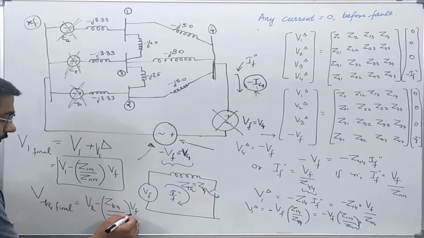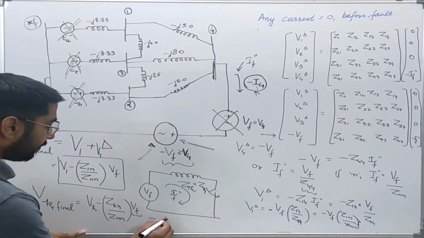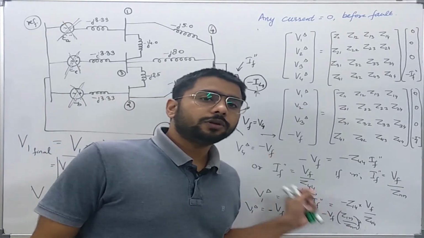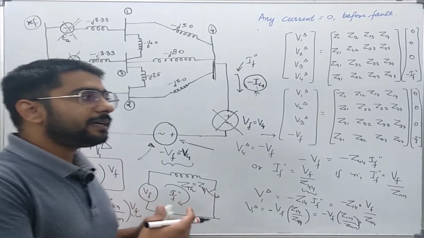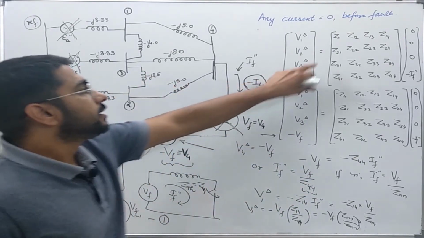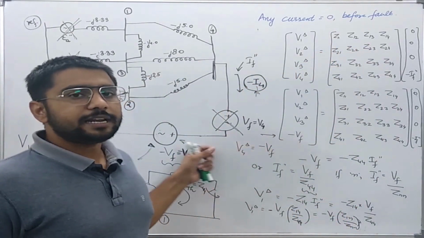This is the voltage Vf. Let us say this is equation number 1. Now this equation will be very useful in determining a physical equivalent circuit in terms of various elements of the bus impedance matrix, which we will see in the next slide.